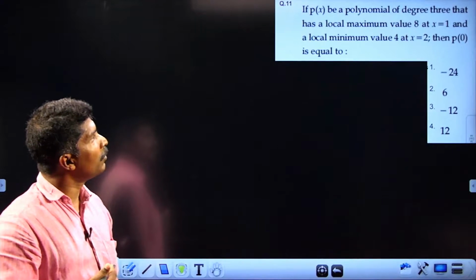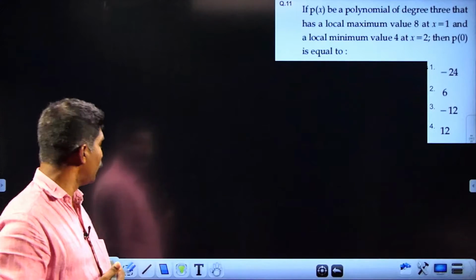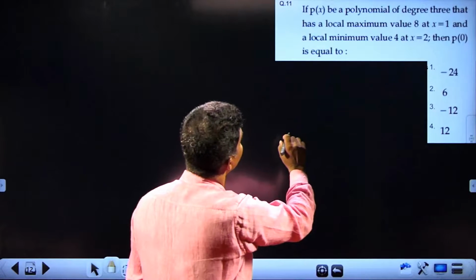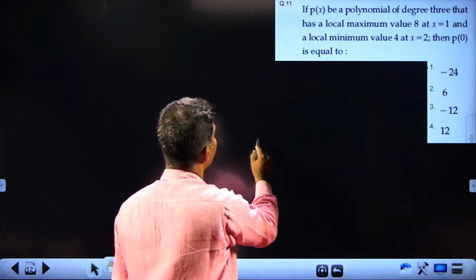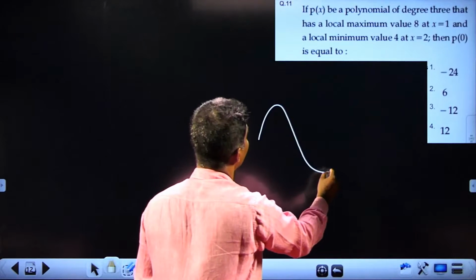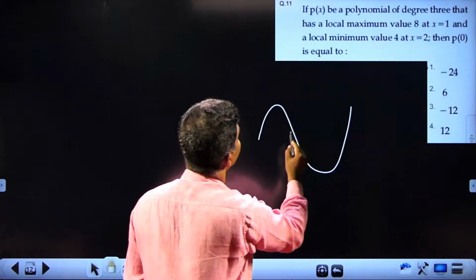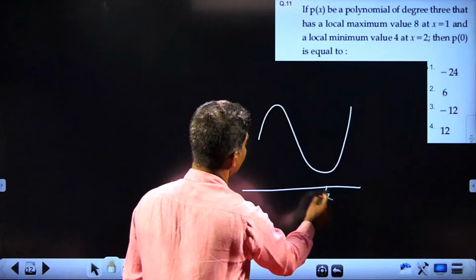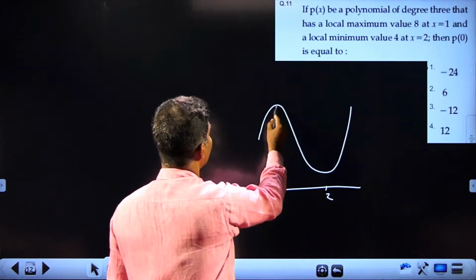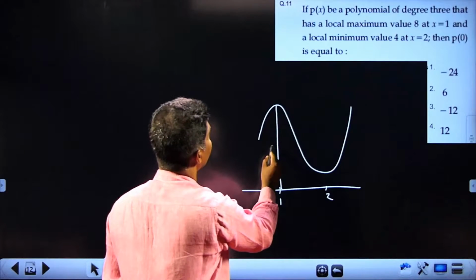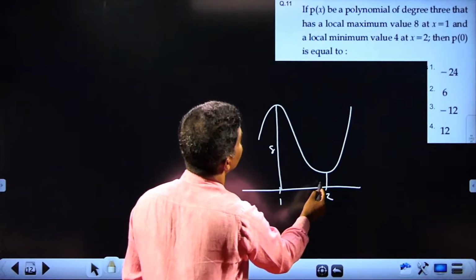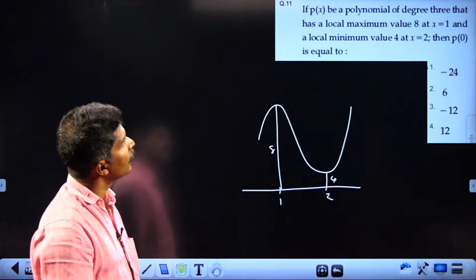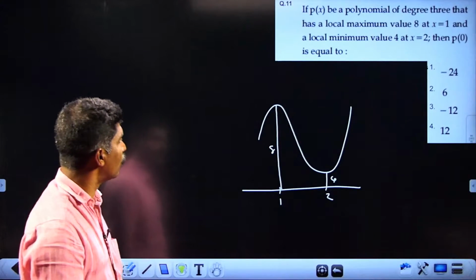At x equal to 1 there is a local maximum value, and at x equal to 2 a local minimum. This height is actually 8, and this height is actually 4. Then we have to calculate P of 0.